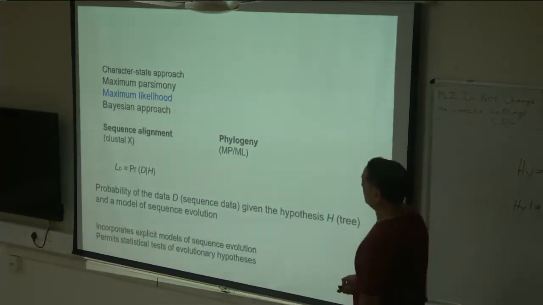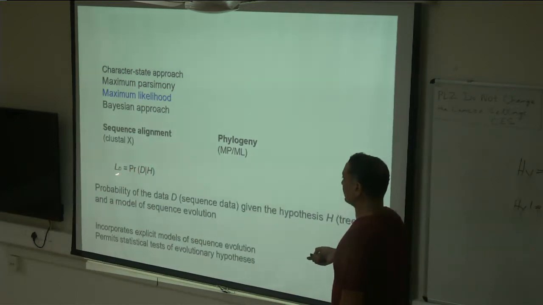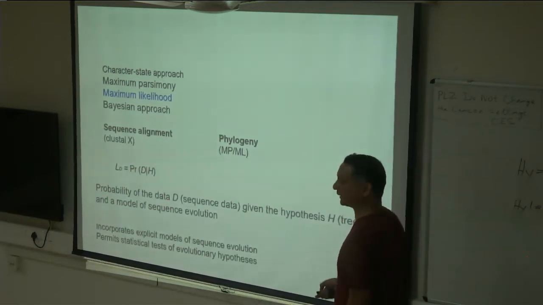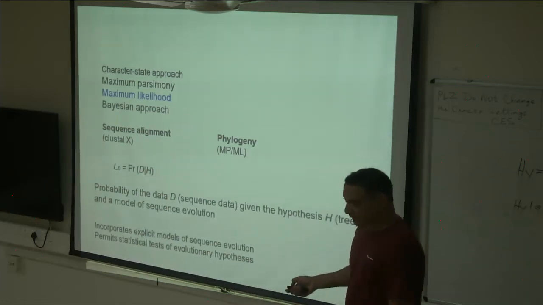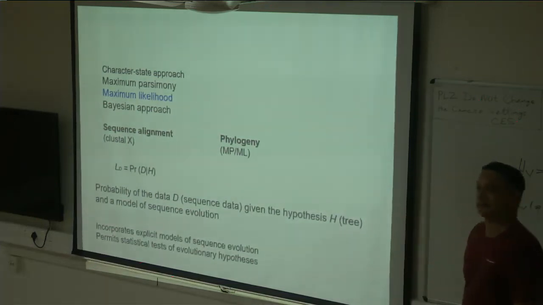All right, so maximum likelihood. So the same formula, probability. Likelihood is basically probability of the data given the hypothesis, and then we evaluate different hypotheses. In case of tree building, the data is the sequence data, and the hypothesis is the tree.